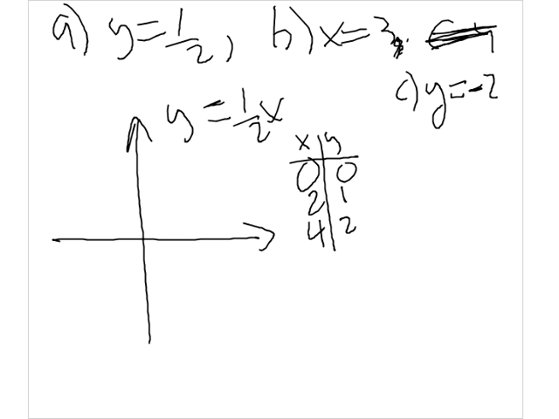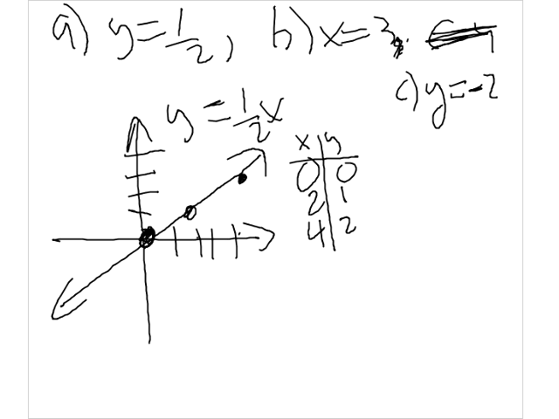But when it's just y equals something times x, and there's no constant term afterwards, that's a good sign that the graph is going to pass through the origin, or (0, 0). You'll discover this as soon as you plug in a 0, you'll immediately see the other term is 0. So here is x equals 2, y equals 1, and here is x equals 4, y equals 2.